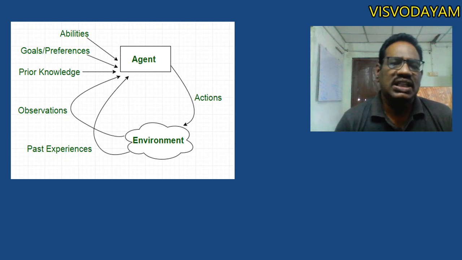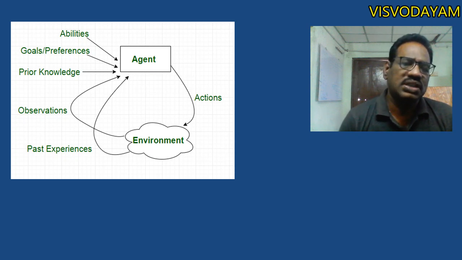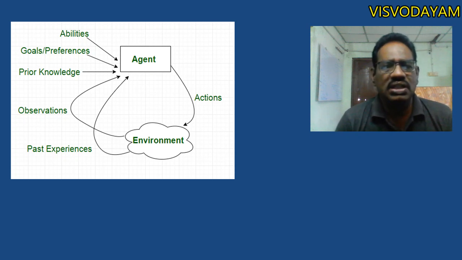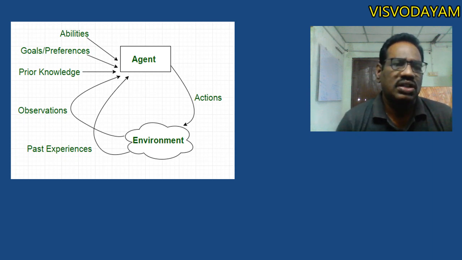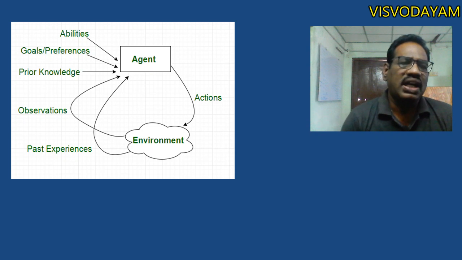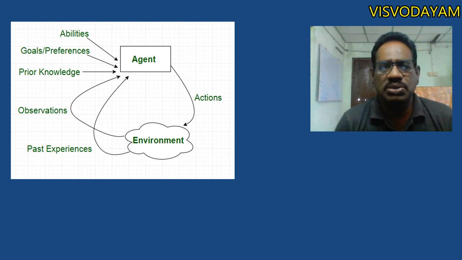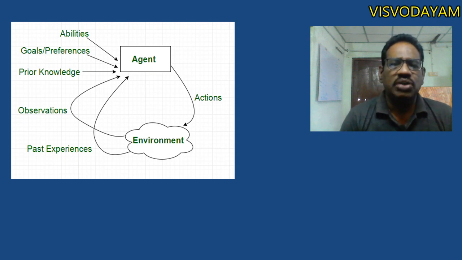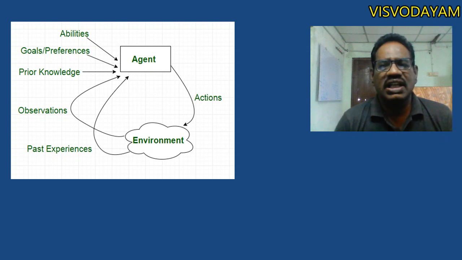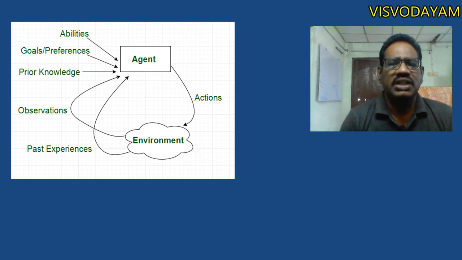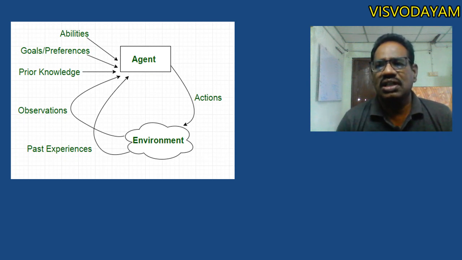So based on the perceptions, based on the observations from the environment, with the concept of achieving the goal, with the prior knowledge, and with the capabilities it has, that is, the actuators it has, it can have certain effects on the environment. It can sense the environment, and accordingly, with the application of intelligence, it can do certain actions on the environment.